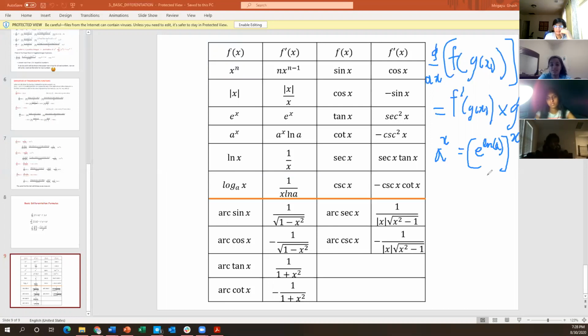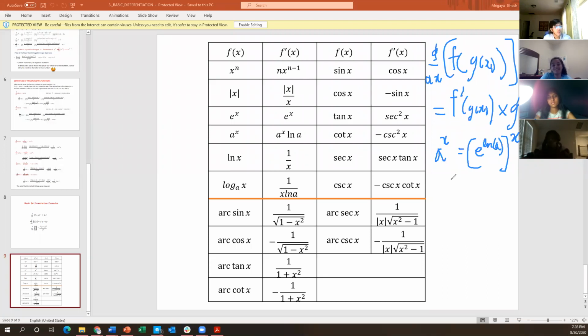Does that look right? Yes, because natural log and e are inverses, so this cancels out. So essentially, this is just a to the x. Do you guys see that? I'll just assume that's a yes.